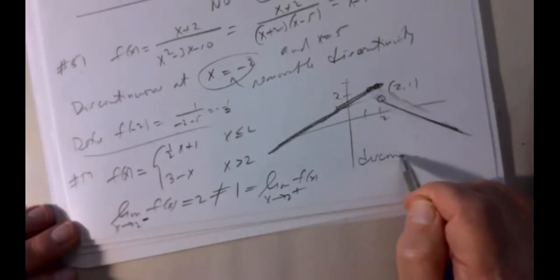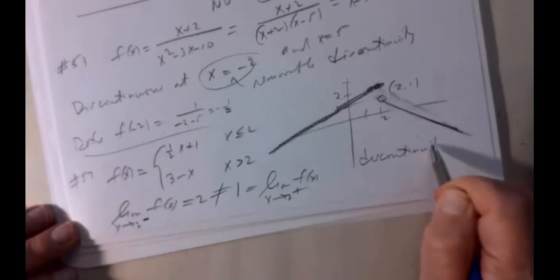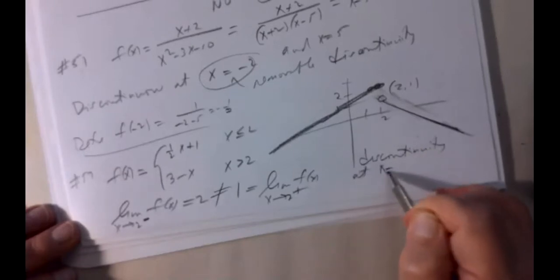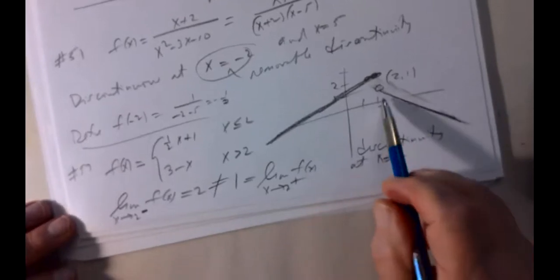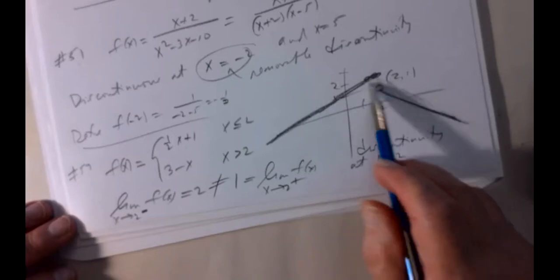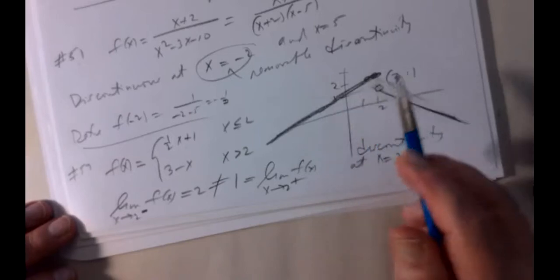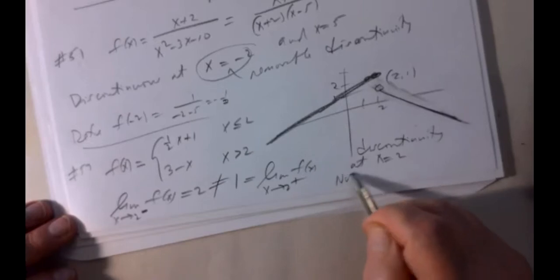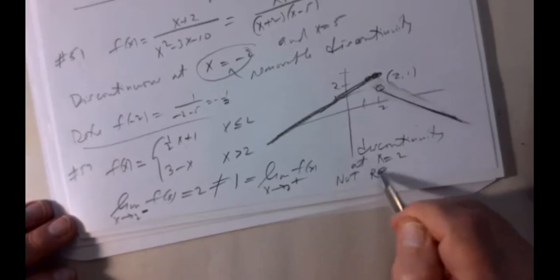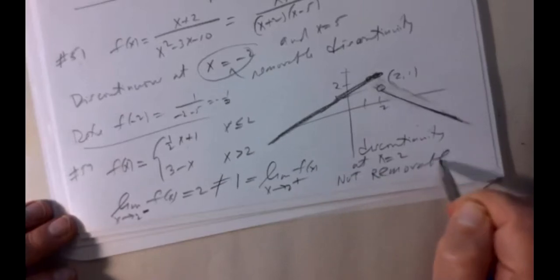So we have a discontinuity at x equal 2, and there's no way you can define the function at 2 which makes this a continuous curve. So this discontinuity is not removable.